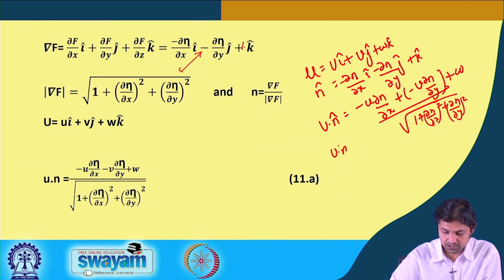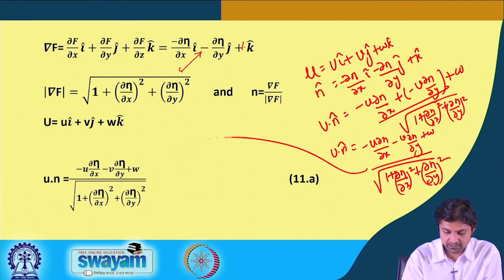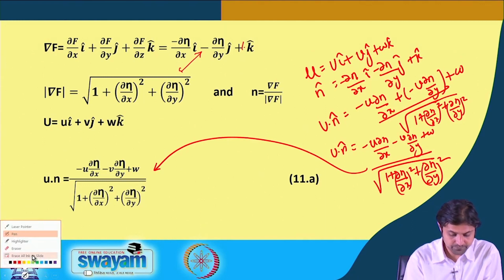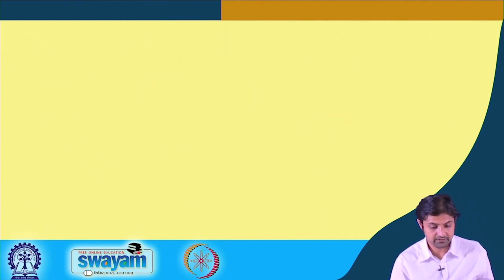So u dot n is going to be minus u del eta del x minus v del eta del y plus w divided by the denominator. Same as this one here. So this is what we get for u dot n.